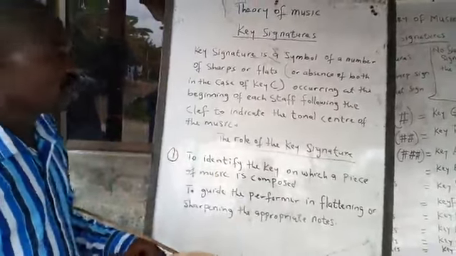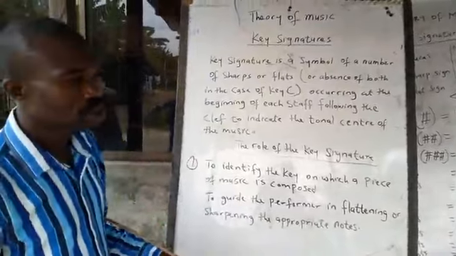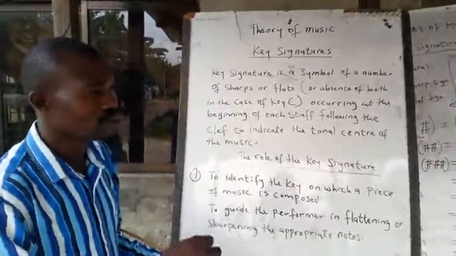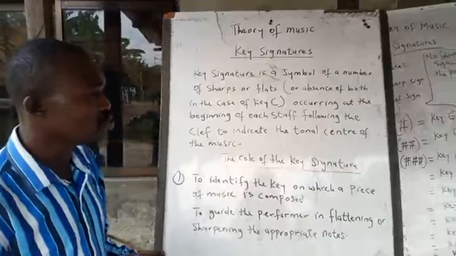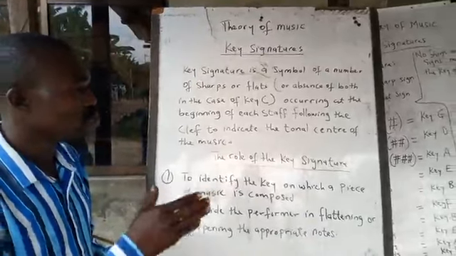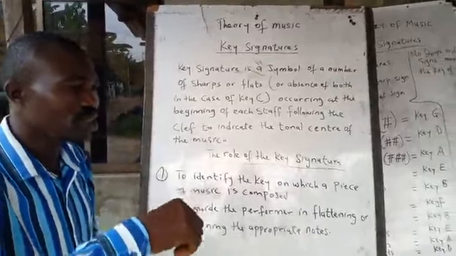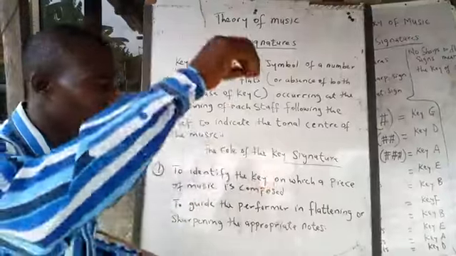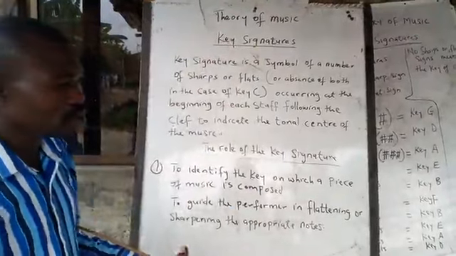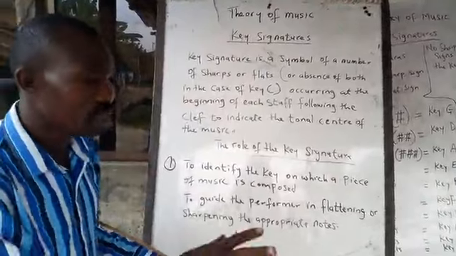If you are given a piece of music to sight read or to transcribe, the first thing you should look at is the key signature, that is, the key on which the particular song is composed. It is as if somebody composed a song and locked it up with a particular key.